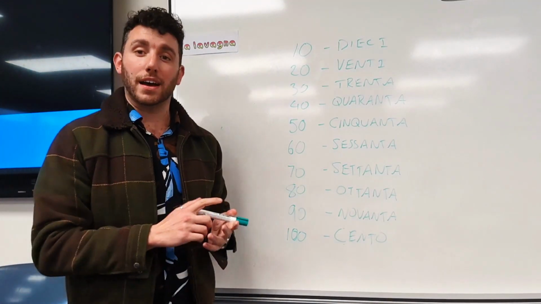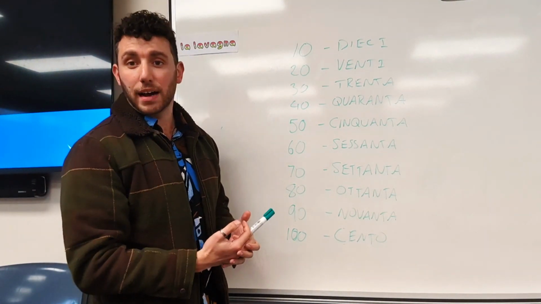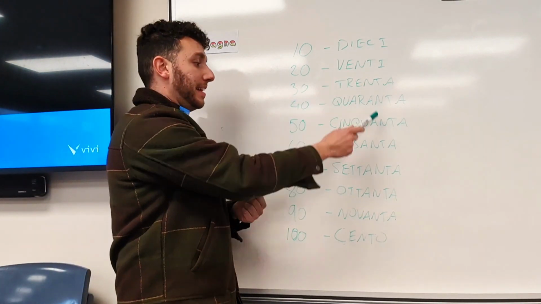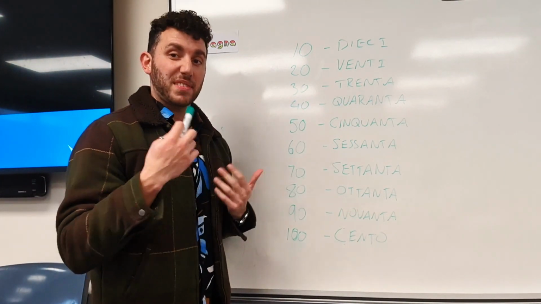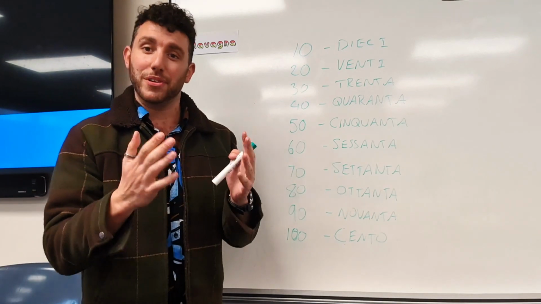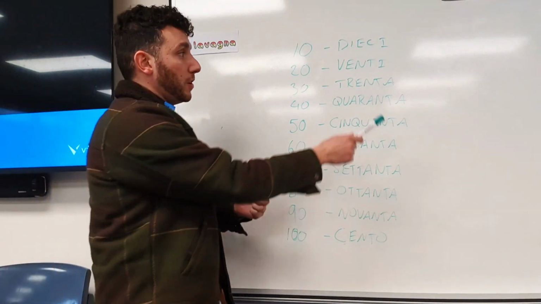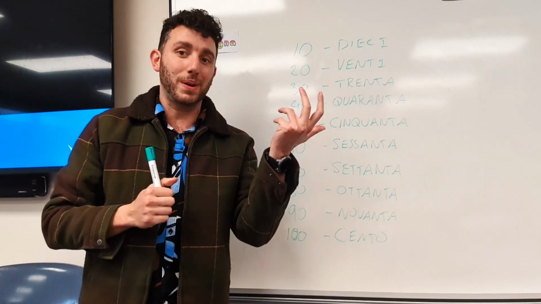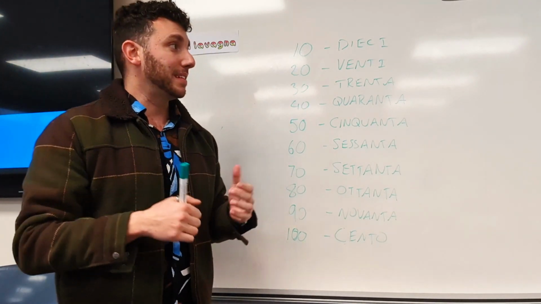Okay, we've moved to the other side of the room and I've put up all the tens up here. The idea is that learning all of these tens will actually teach you how to make every number in between. So for example, if you learn 20, you'd then be able to say every number between 20 and 30, very simply.